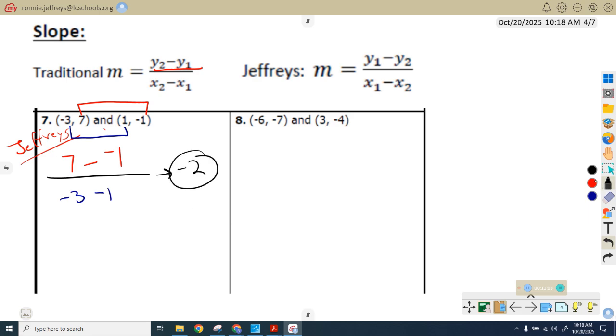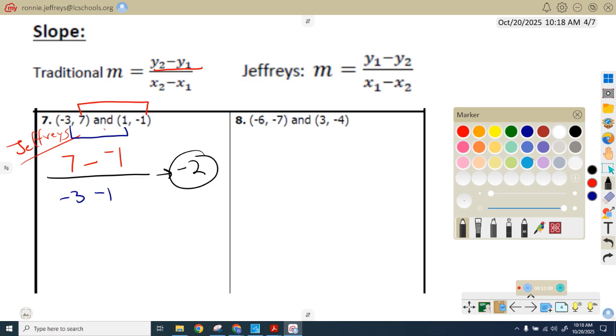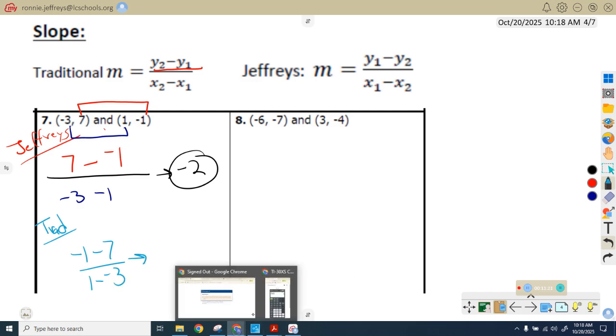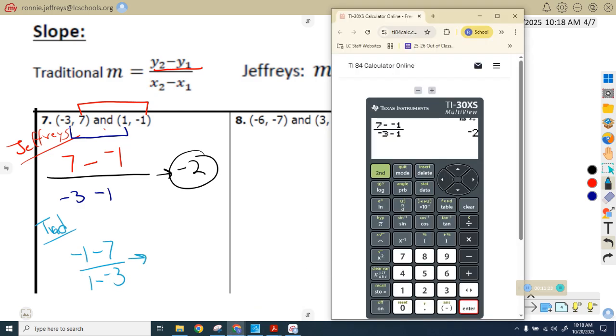Now, if I do it the traditional way, it would look like this. So, same process. -1, 7, 1 minus -3.